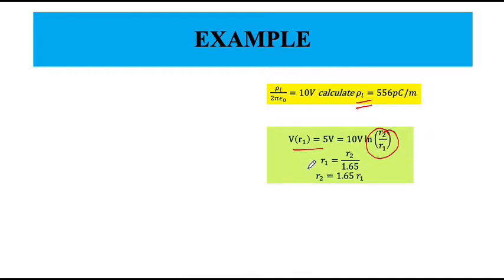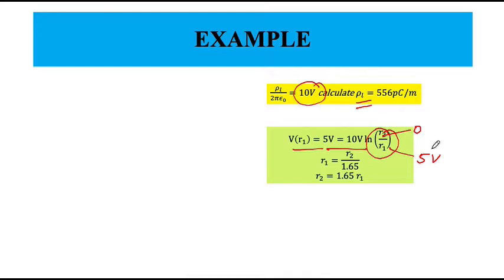If I substitute this 10 into the expression, and say that with a certain value of R2 I consider that as 0, then the voltage at a particular point R1 will be 5 volts.